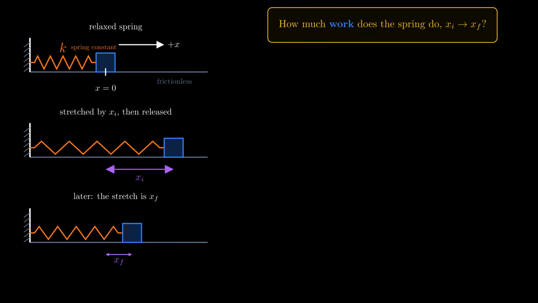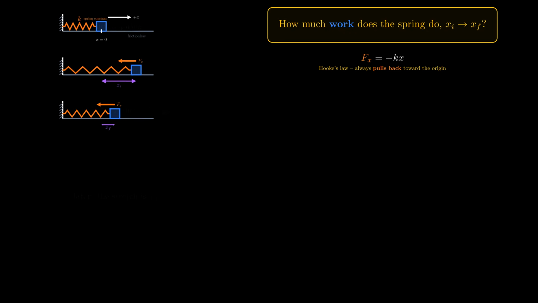Stretch the spring by an amount x sub i and release the object. The question: how much work does the spring do on the object by the time the stretch is x sub f? By Hooke's law, the x component of the spring force is F sub x equals negative kx, proportional to the stretch, always pointing back towards the origin.